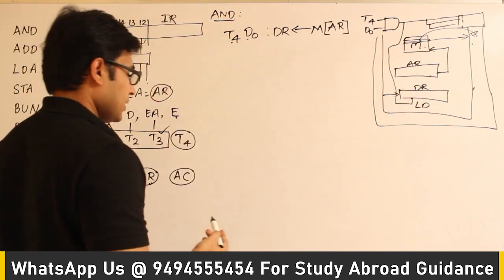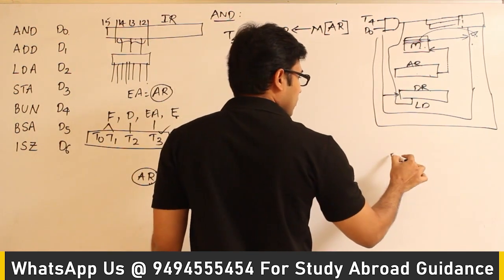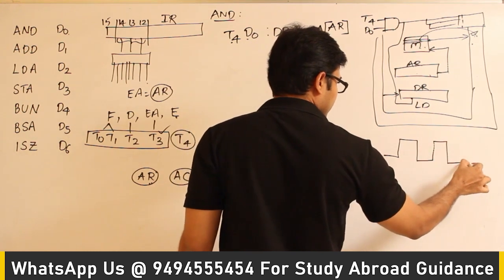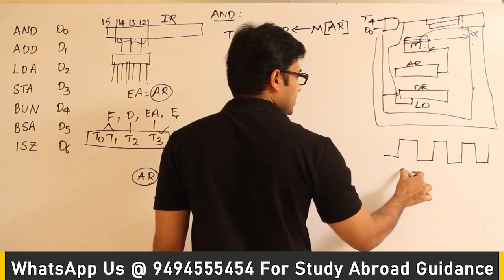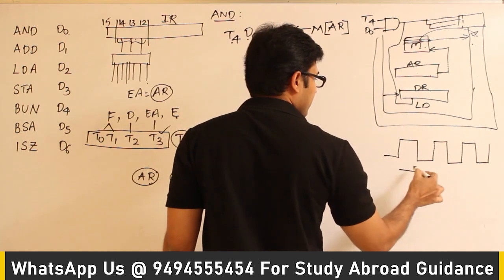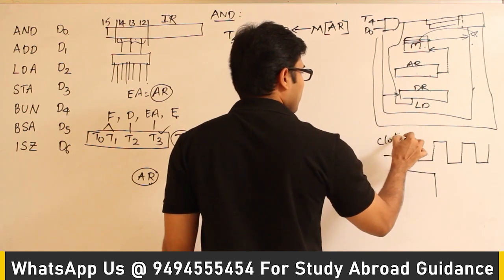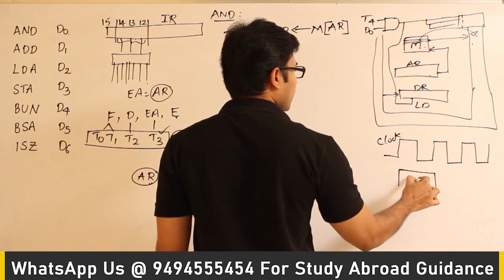Got it? So if this is done, then let us assume that this is the T4 timing signal. This is the clock which is applied to all the devices, and this is T4, right?